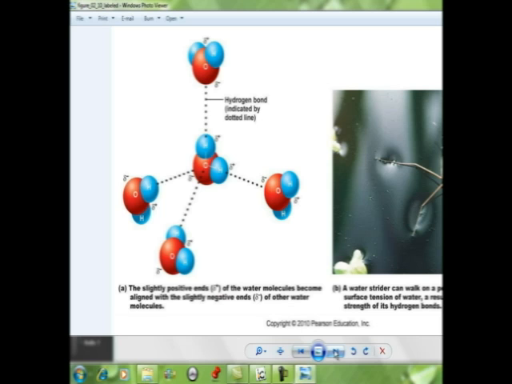Its attraction to each other because of the fact that it's a polar molecule. So it's a very good solvent. It's going to help dissolve a lot of things in it. It holds a lot of heat. It has a very high heat capacity.